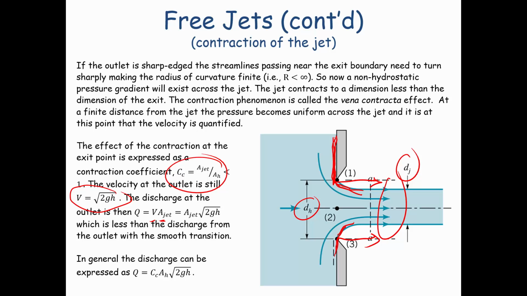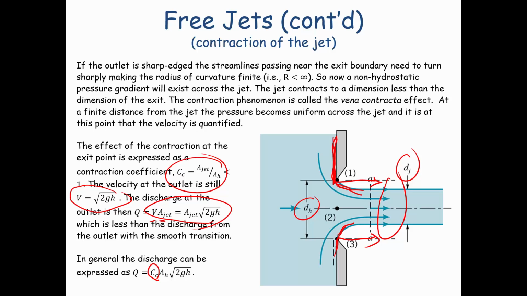What we usually measure is the area of the opening. We usually don't necessarily know what the area or the diameter of the jet is ahead of time. So in order to calculate the discharge in practical terms, we use this correction factor to correct the area for the area of the jet, and it turns out that we multiply C sub c times the actual area of the opening times the square root of 2gh.